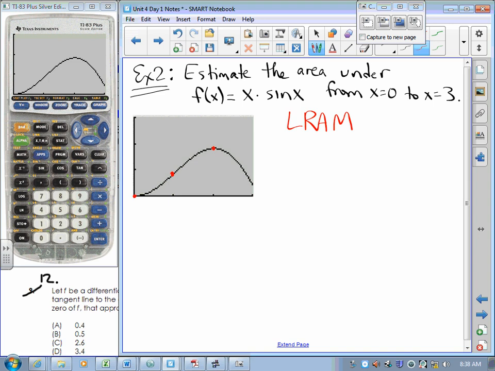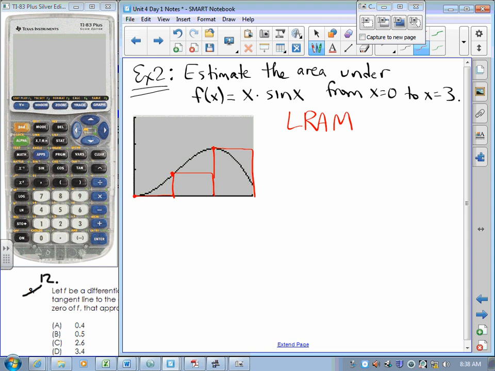The left endpoint will tell us the height of the rectangle we're going to use to approximate the area under the curve. Because see, friends, I don't know how to find the area of a curvy thing, but I know how to find the area of a straight thing. I know how to find the area of a rectangle. So I'm going to use the left endpoint of each subinterval, and I'm going to say that's the height. Those rectangles roughly approximate the curve.